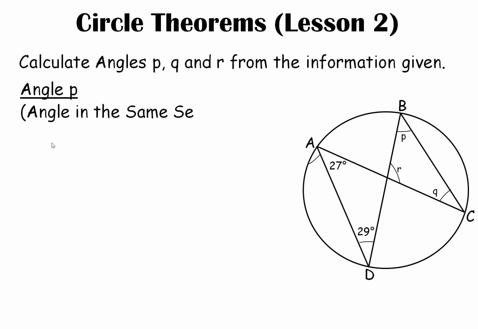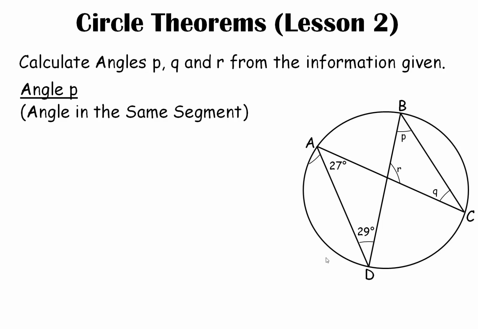For angle P, we say angles in the same segment. For angle P, we will consider point D and point C as the points where we would draw the chord. The minor segment would be the segment formed with this arc DC, and the major segment will be arc DABC.